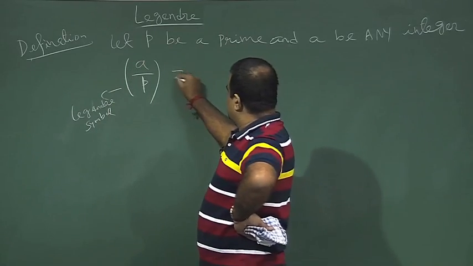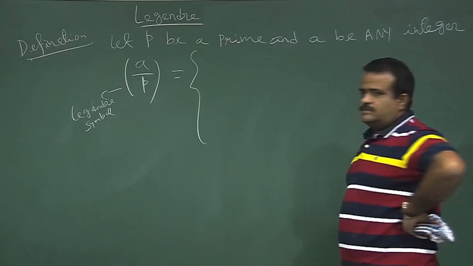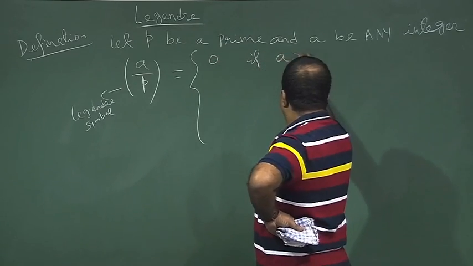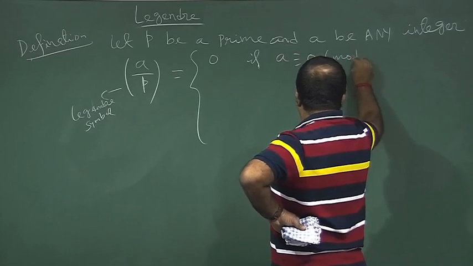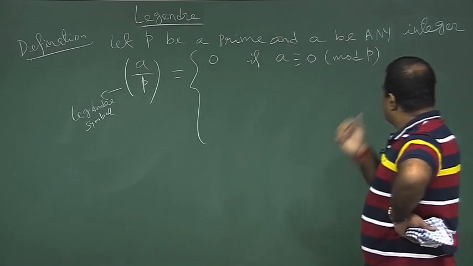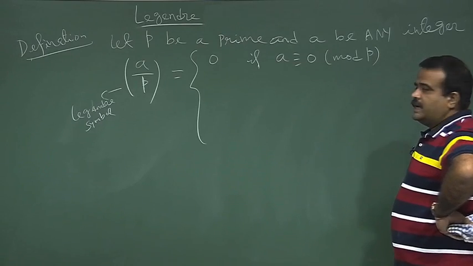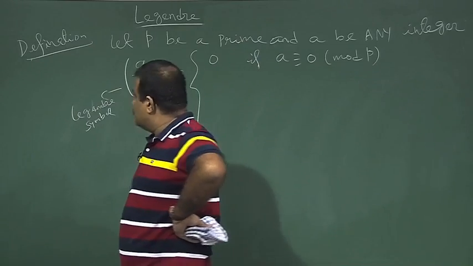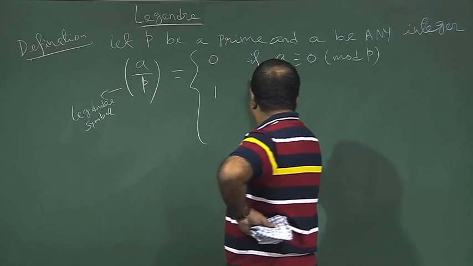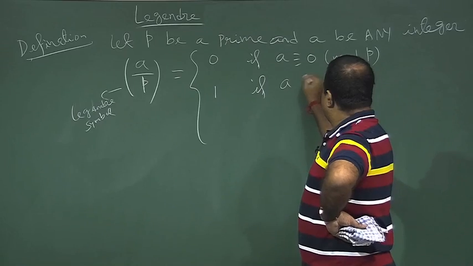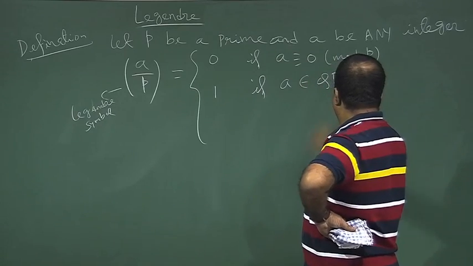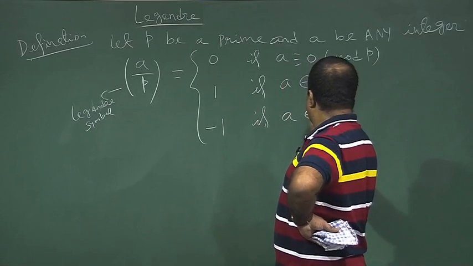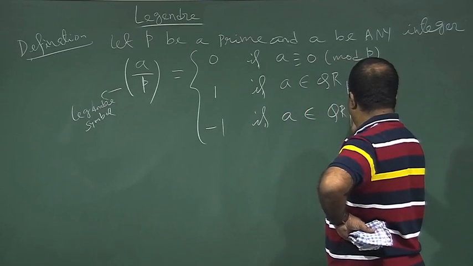So, this basically has three possible values. It is 0 if a divides p, or p divides a, and it is 1 if a is a quadratic residue mod p, and it is −1 if a is a quadratic non residue mod p.